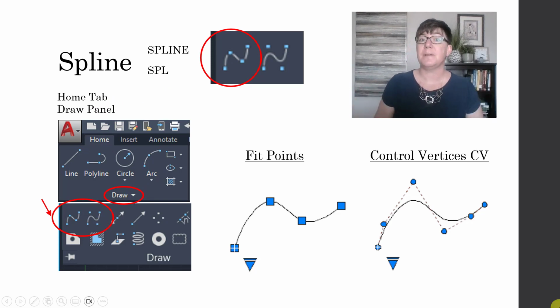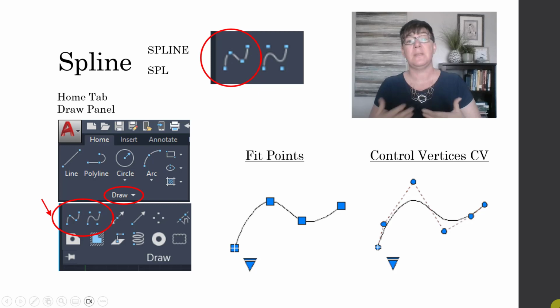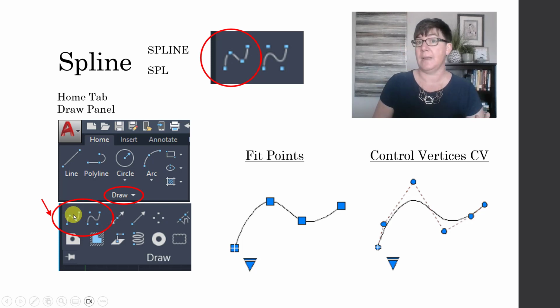There's two types of splines. One is called fit point and the other is called control vertices. So when you look at the menu, you can see there are two spline options. The one that you want to draw our contours is fit points. And you'll know this because the control points here are actually on the spline. They look like little blue boxes and they are on the spline.